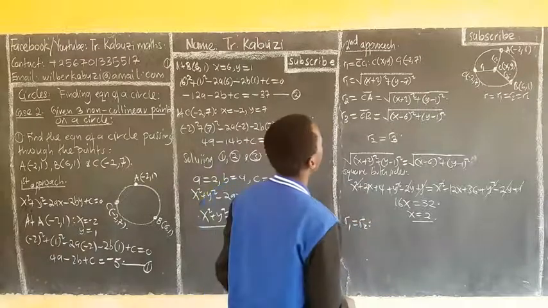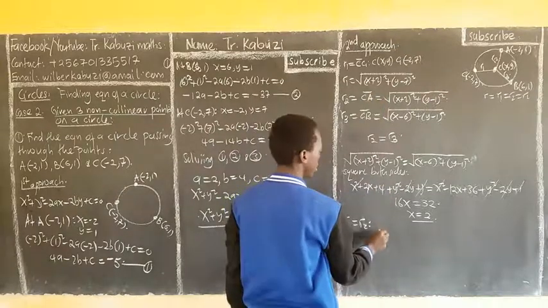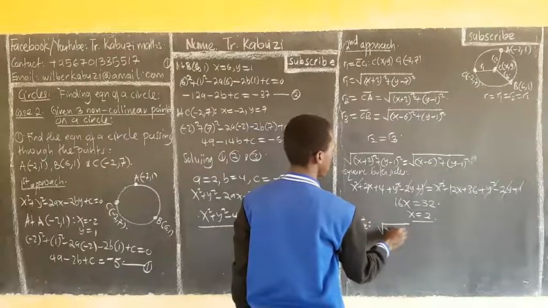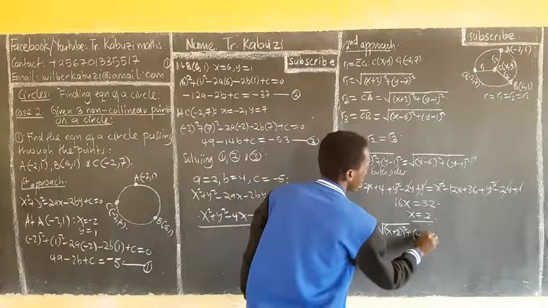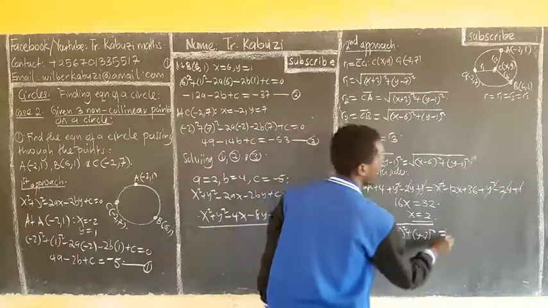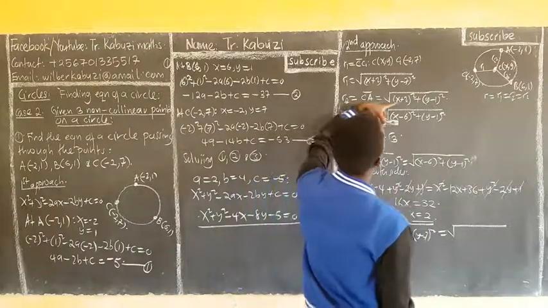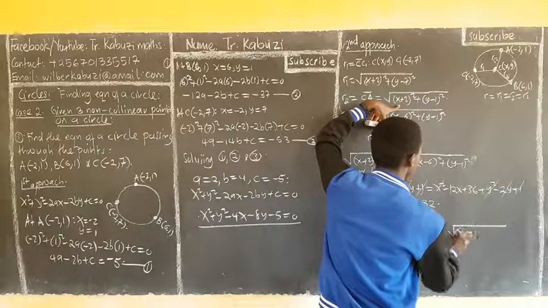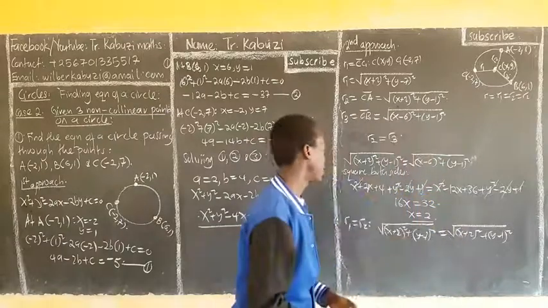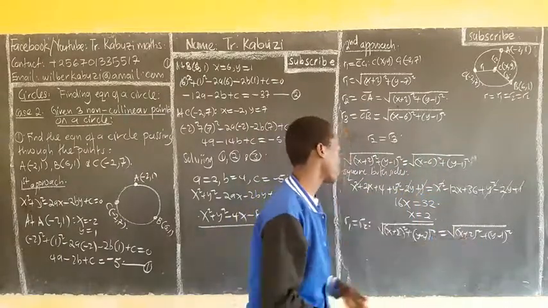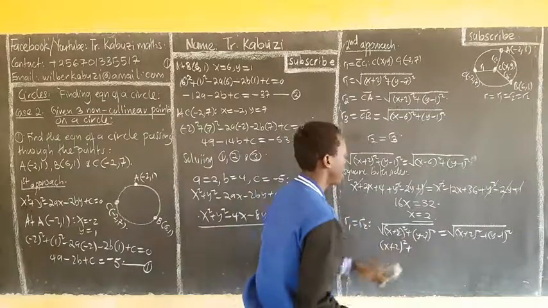We use that condition, meaning when I square them, I'll be having the root of (x plus 2) the whole square, then plus (y minus 7) the whole square, equaling to the square root of R2, which is (x plus 2) squared. I square this side, you see that this bracket will be equal to this, so it's going to cancel.